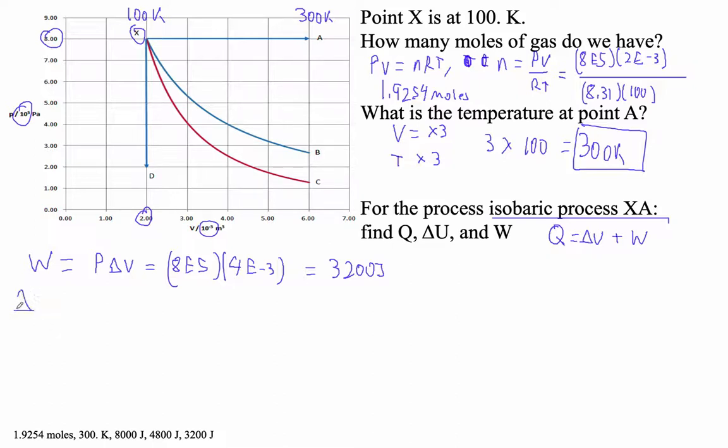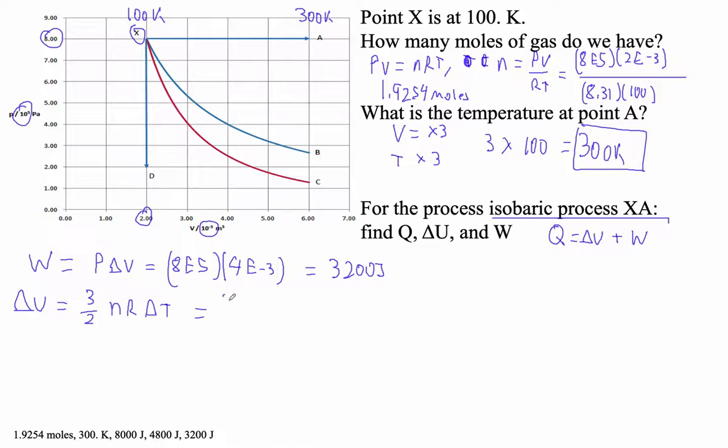And now let's figure out the change in internal energy, right? Okay, so the change in internal energy, properly, now by the way, the only formula we officially have is that the change is 3/2 nR change in temperature, right? Okay, so let's go ahead and do that, but I'll show you a shortcut. But this is the official way we're supposed to do it, which of course requires that we know the moles, right?